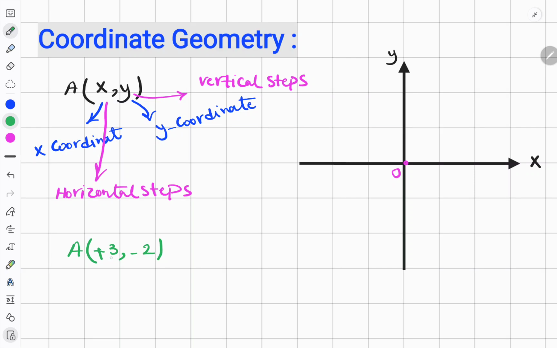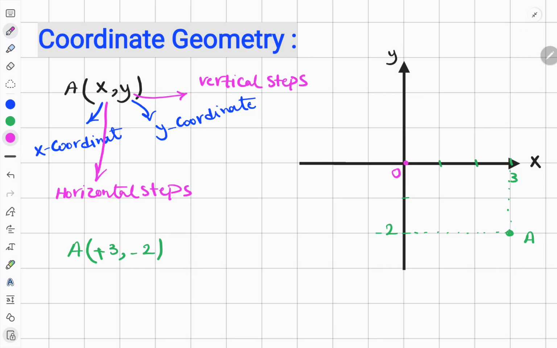In fact, the x coordinate, or horizontal steps, is 3 units, so we can go 1, 2, and 3 units to the right, and then go 2 units down because we have negative 2 as the y coordinate, and 1 and 2, which is negative 2, and connect these 2 points. So point A is located here with x and y coordinates positive 3 and negative 2.